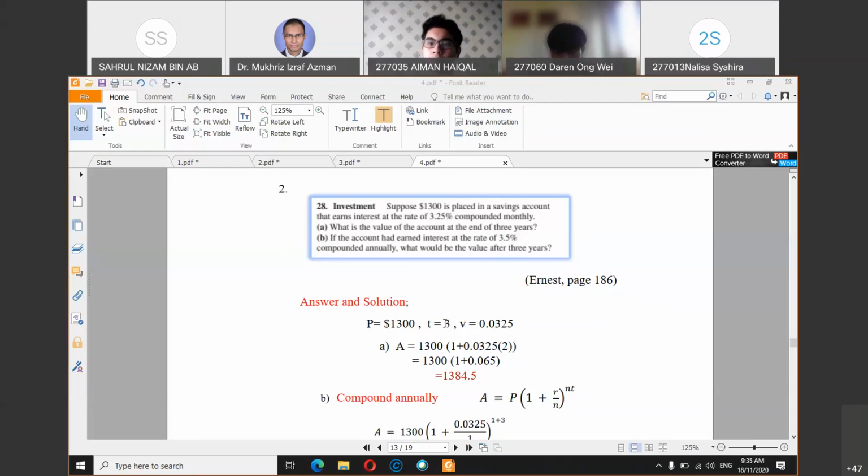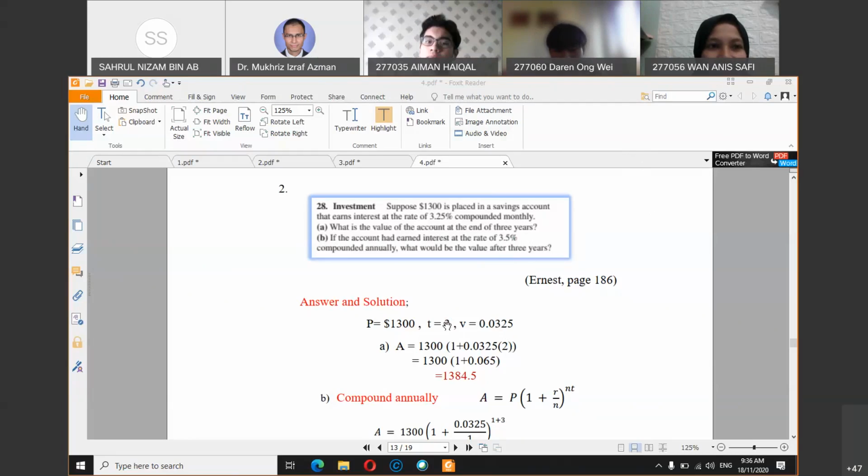Okay, siapa yang buat contoh ni? This example, Darren or orang lain? My member. Who is doing this one? Aiman, Nurul? Me, sir. So satu, typo error.